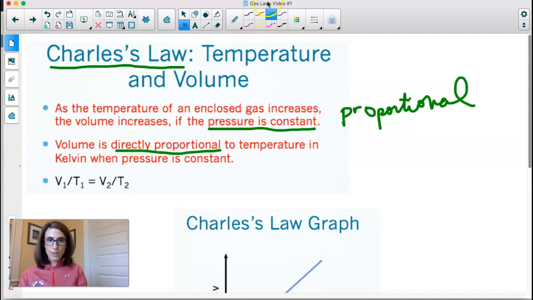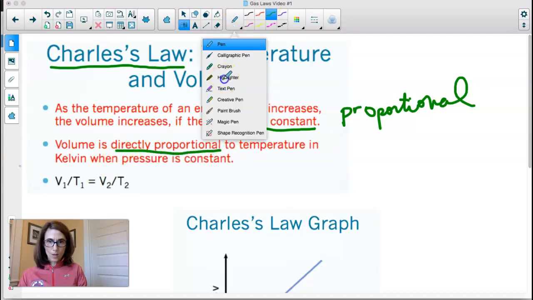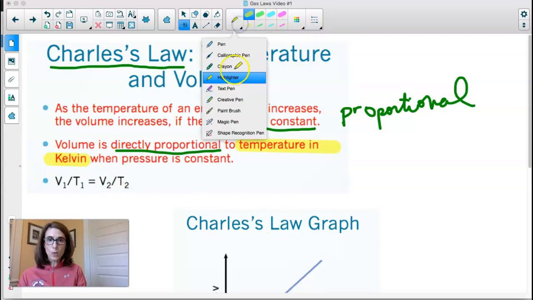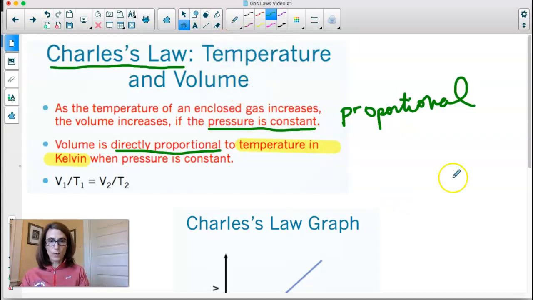But here's the kicker. Just like we discussed, our temperature has to be in Kelvin. So if we're given temperatures in Celsius, we have to add 273 to them to convert to Kelvin. So the law is V1 over T1 equals V2 over T2. And we'll rewrite that so it looks like a better fraction.